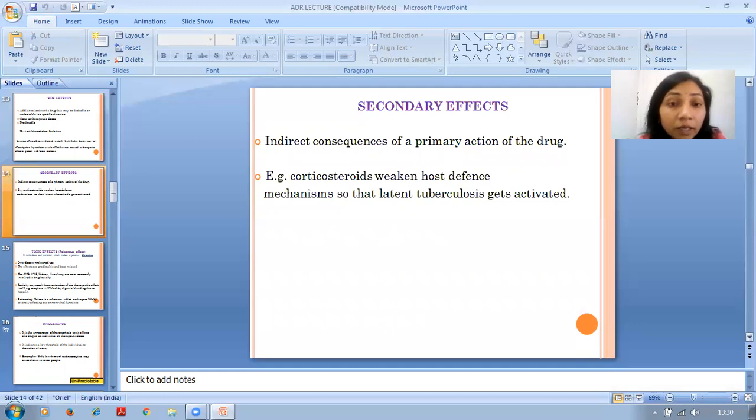But its other action is that it decreases the immunity, because of which our patient may get infected with several diseases, like there is an activation of latent tuberculosis. So when we are giving the patient a drug for a certain purpose, and because of that drug he gets another problem, these are secondary effects.